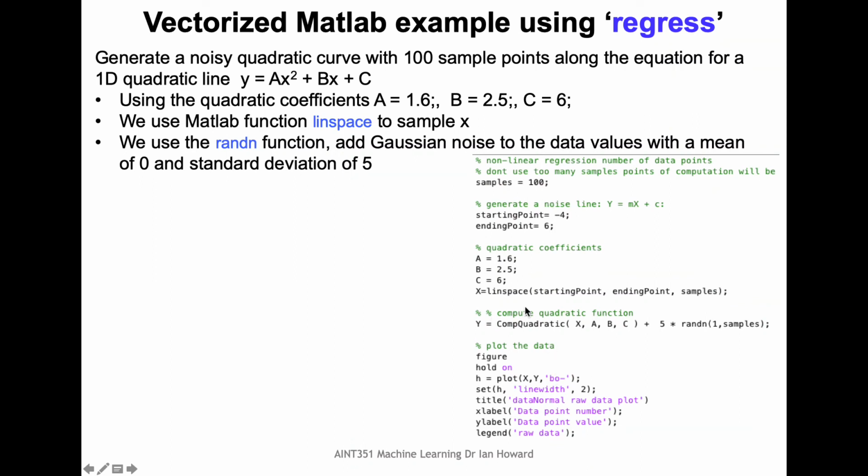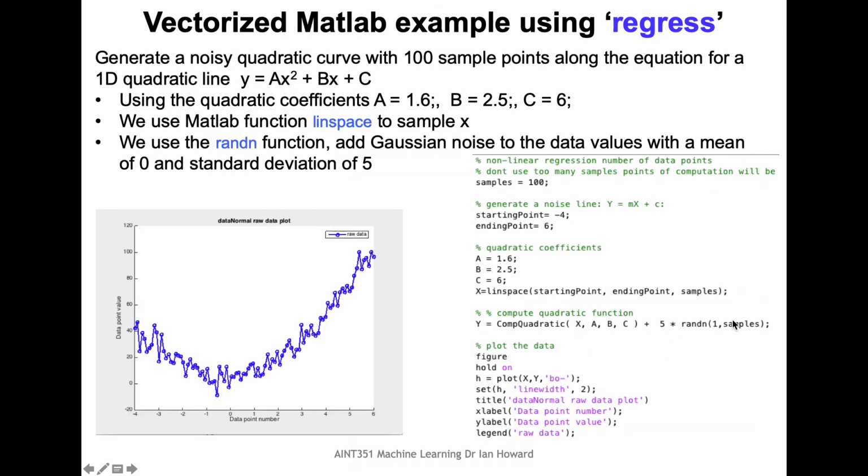I'm then going to pop these x values into my quadratic computation, which is going to implement this line here. I'm adding a little bit of noise on, and when you do that you end up with a quadratic curve like that. So it's a noisy quadratic curve, spanning -4 to 6 on the x-axis.